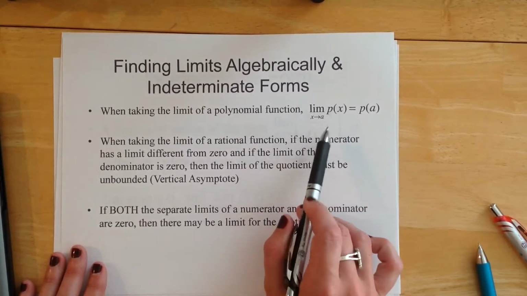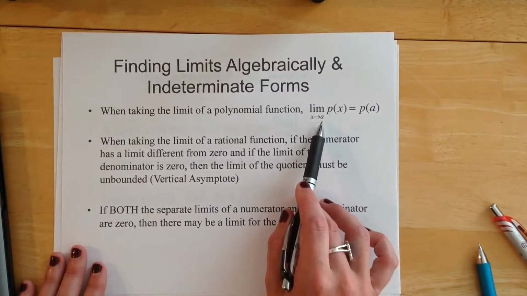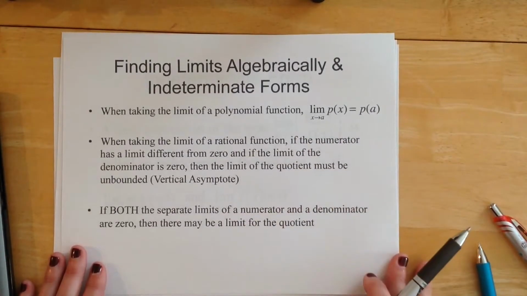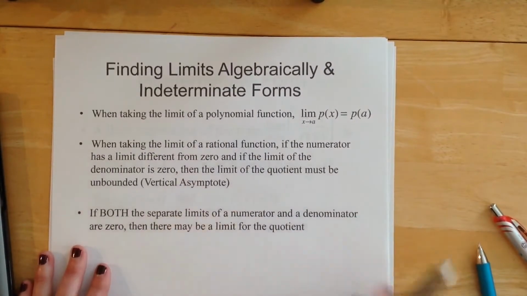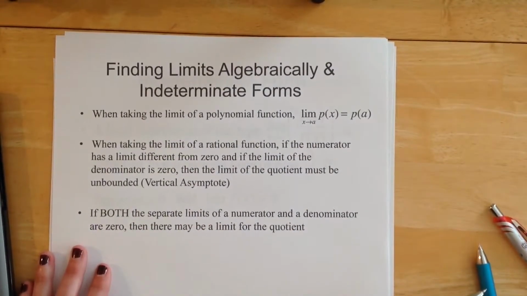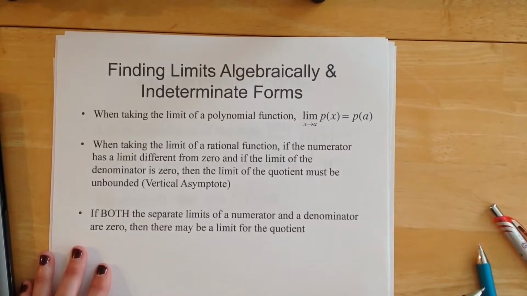Don't do that necessarily for piecewise functions, because there could be a jump in the graph. You want to think about the graphs for piecewise functions. But for a polynomial function, which is a smooth continuous curve, you can just substitute whatever a is into the function and evaluate, and it's going to match the limit.